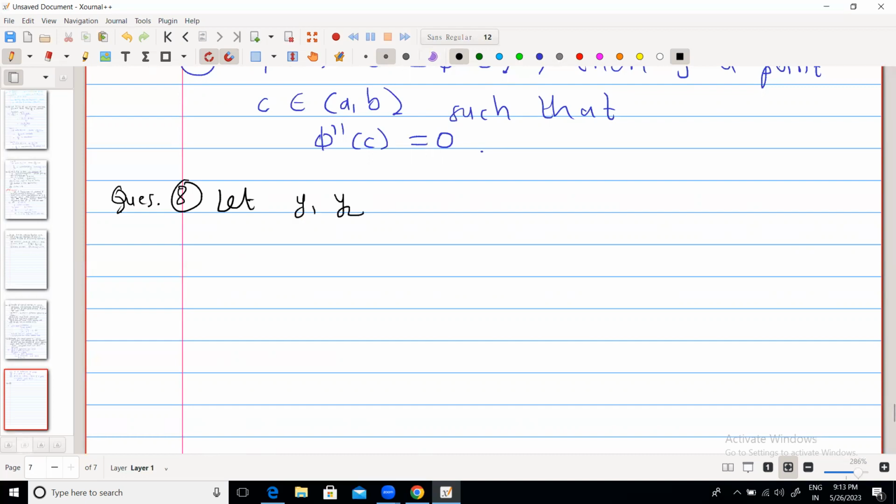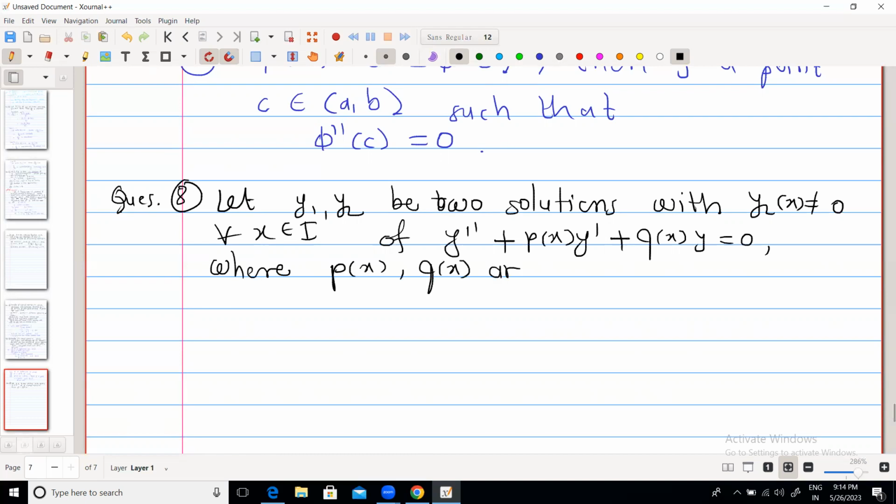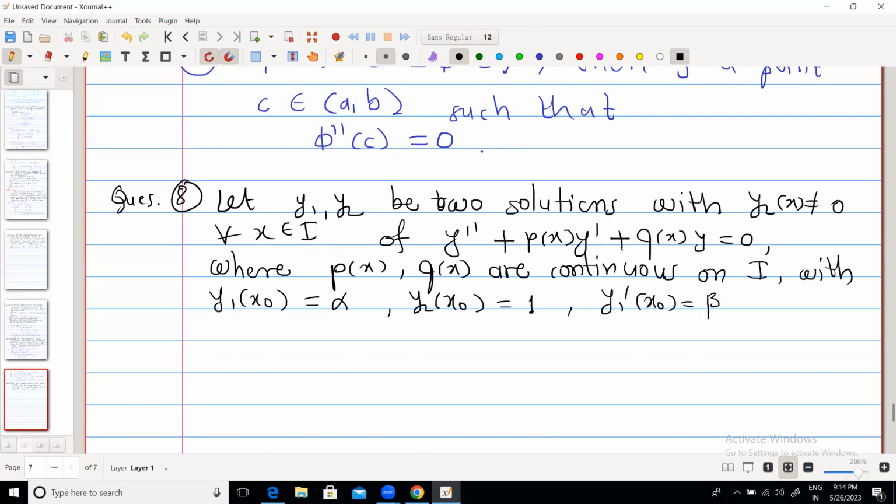So let y1, y2 be two solutions with y2 of x non-zero for all x belongs to I. These two solutions of this differential equation, y double dash plus p of x y dash plus q of x y is equal to 0, where p of x, q of x are continuous on I, with y1 of x naught is alpha, y2 of x naught is 1, y1 dash of x naught is beta, and y2 dash of x naught is 0.